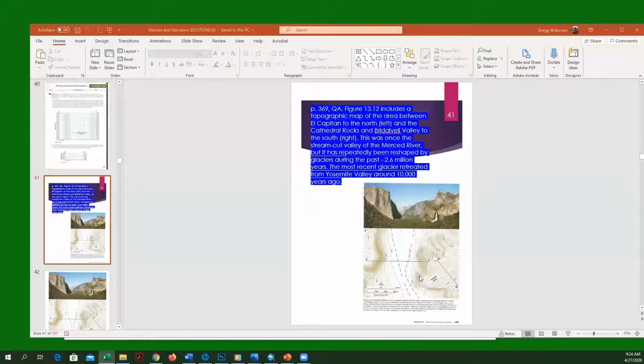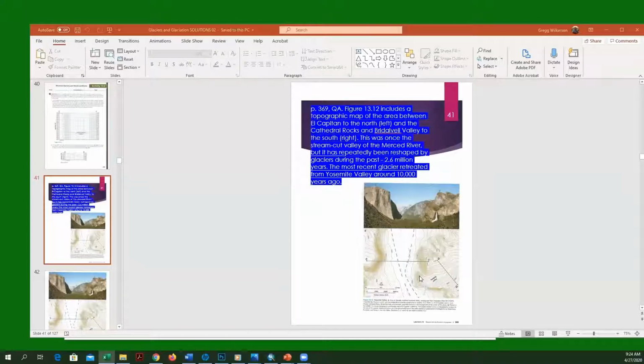Use the profile on page 13.2.1. So where's 13.2.1?